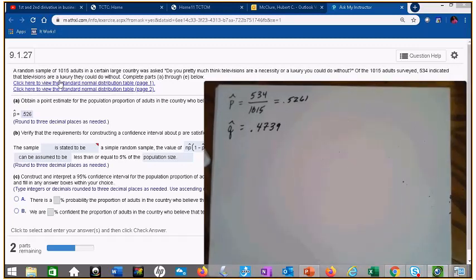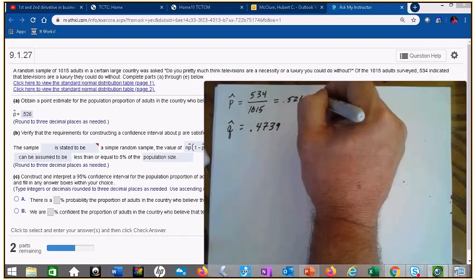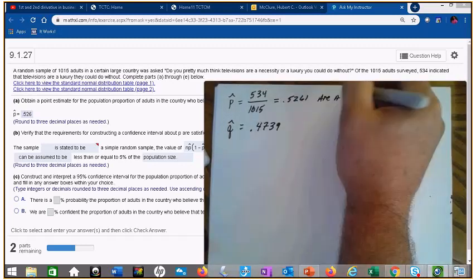Televisions are a luxury, they could do without, or whatever. So do you pretty much think televisions are a necessity or a luxury? And of the 1015, 534 indicated that televisions are a luxury. So I'm going to put 52% said they are a luxury.